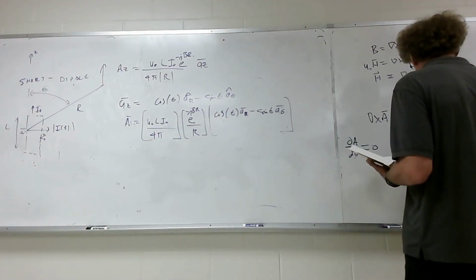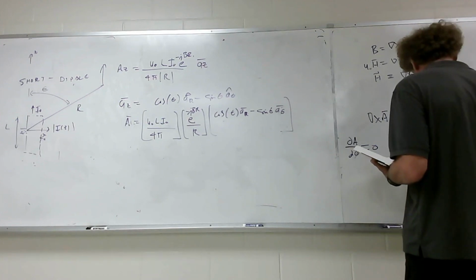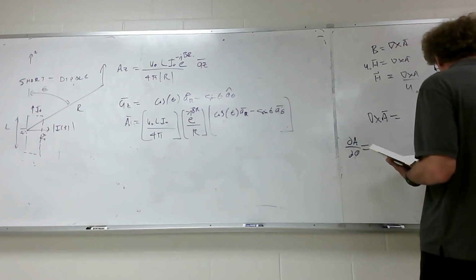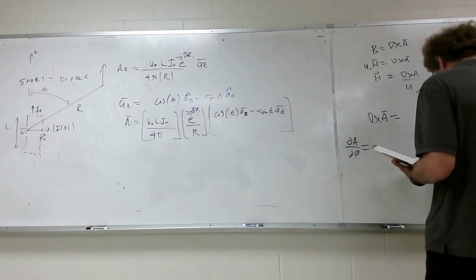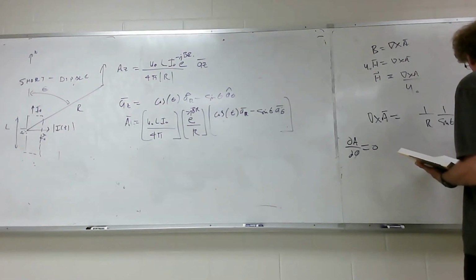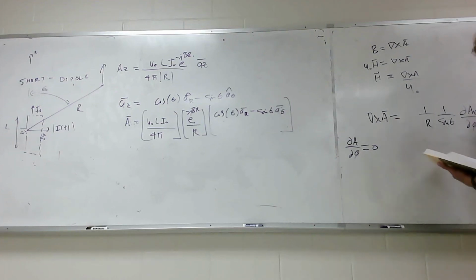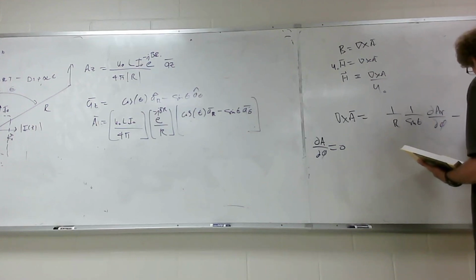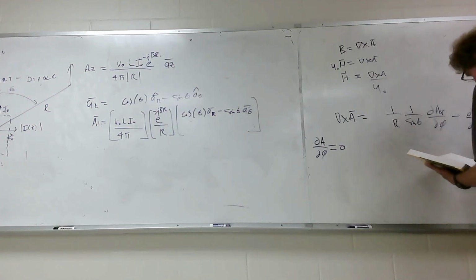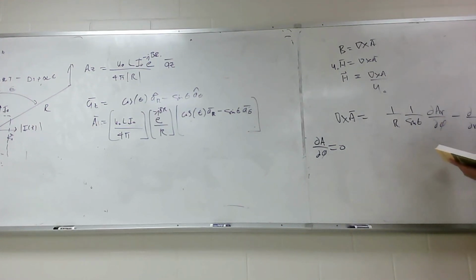So now you come over here, and here's what happens for spherical. You get 1 over r, and then he's going to have 1 over the sine of theta, dAr d phi. That one's going to go away. And he's going to have minus d/dr of r times A phi.